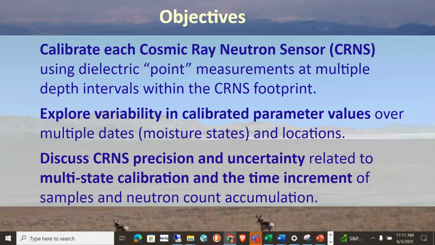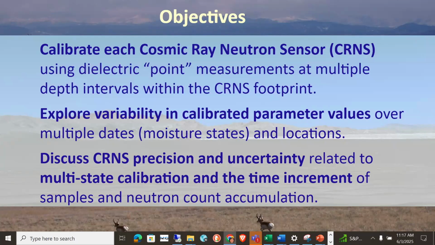Today I really want to talk a little bit about calibration of cosmic ray neutron sensors. We use dielectric sensors for the ground data as well as some gravimetric data, and explore variability in these calibrated parameters. Something I don't see a lot of in the literature.